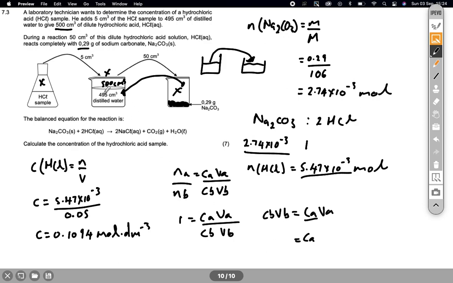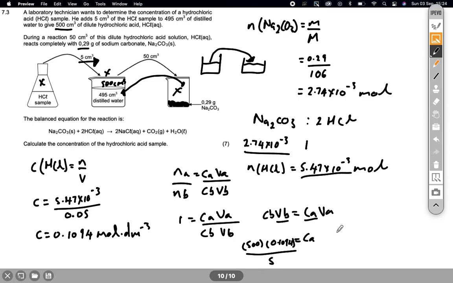And for Cp, we have 500 centimeters cubed for the volume, and I'm going to write the concentration here, which was 0.1094, divided by the volume which we had initially, which was transferred, which was 5 centimeters cubed.